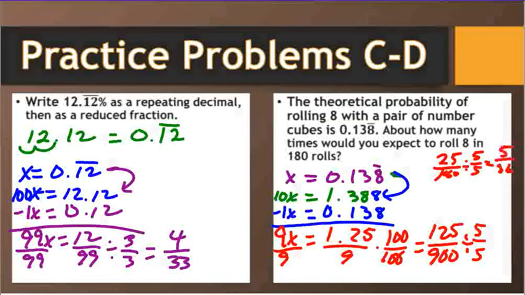So 25 out of 36. So now if I take my 25 over 36 times 180, 180 divided by 36 is 5. So I'm left with 5 times 25 over 1, which is 125. So it happened 125 times to get 8. So that's our lesson today on converting repeating decimals to fractions.